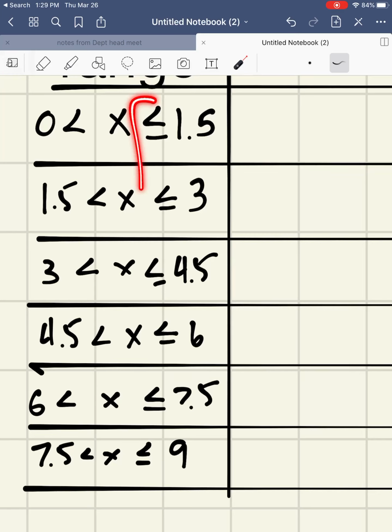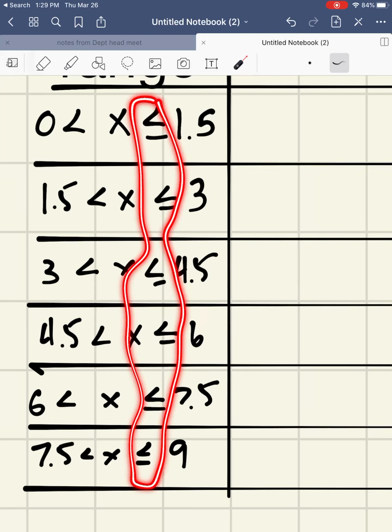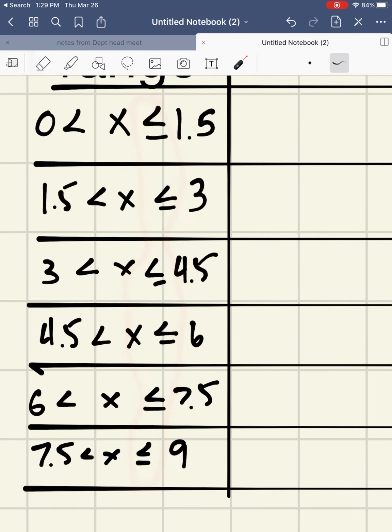Notice that all the way through, each of these inequalities has an equal to sign here. So if there is a 1.5 in the data set, it belongs in this interval. If there's a 3, it belongs in this interval, and so on. If it ends up on the right-hand endpoint, it belongs in the interval. If it ends up on the left-hand endpoint, it does not.